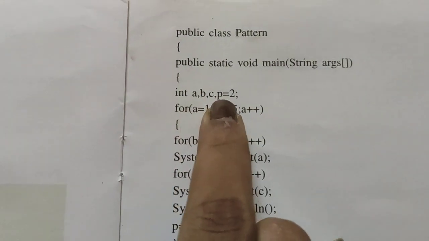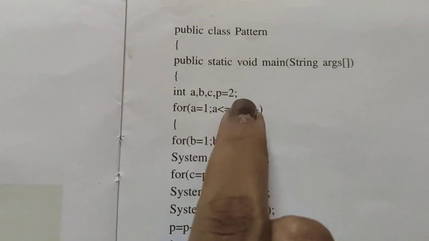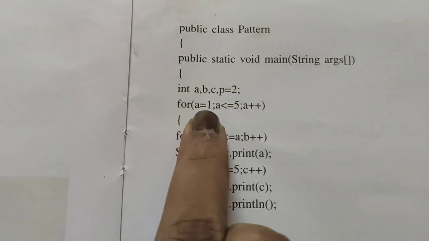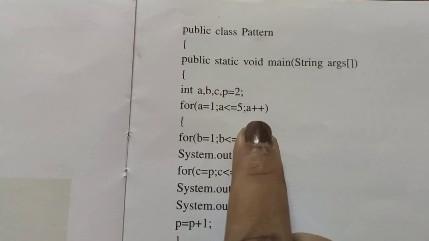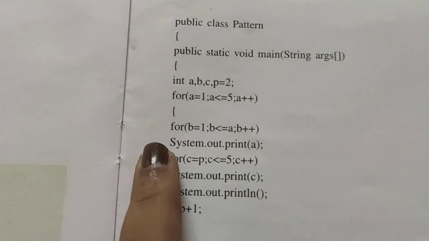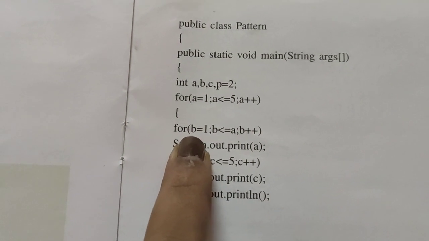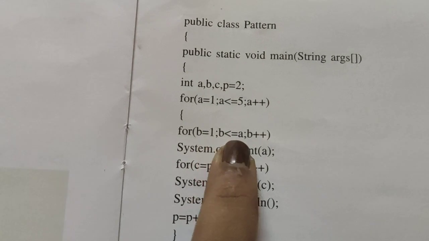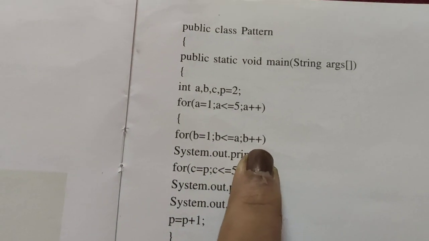First itself, we have initialized P is equal to 2 here, and A is equal to 1, A less than or equal to 5, and A plus plus they have given, and in the inner loop B is going to be 1 and B is less than or equal to A, B plus plus.